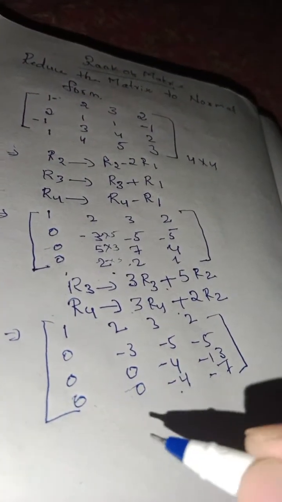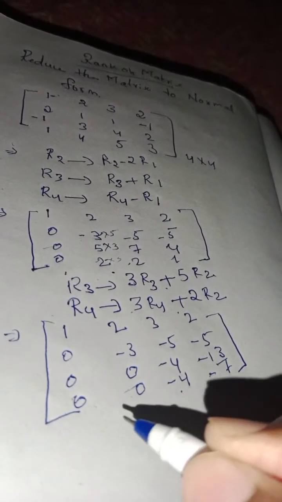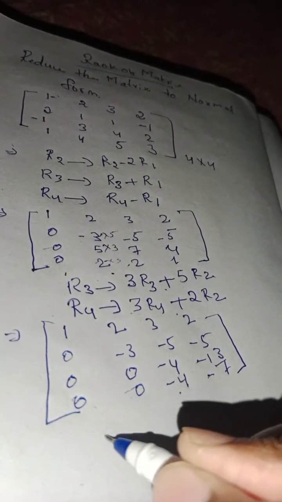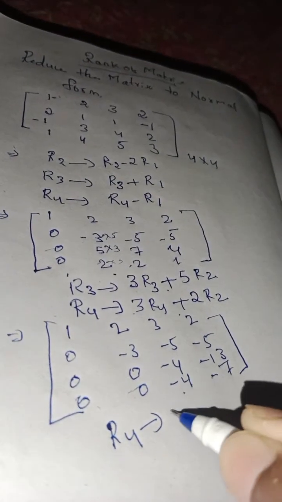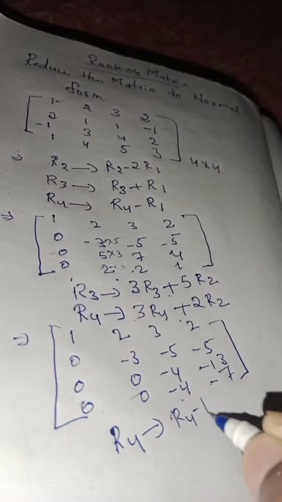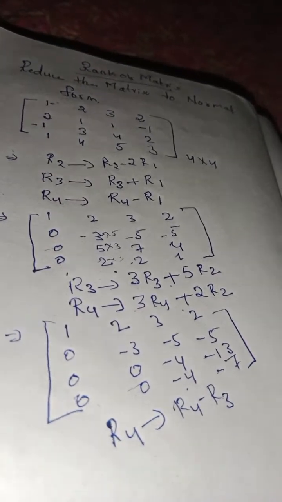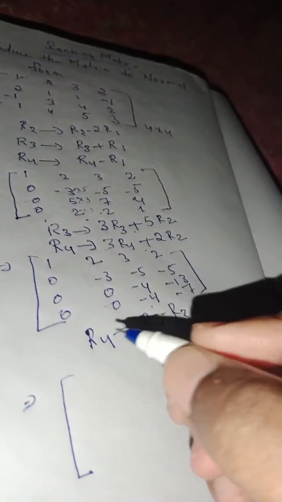What I'm going to do now? I'm going to perform row operations for row 4 using R3. That is row 4 is easy, right? Row 4 minus row 3. So the matrix will be, we have to write first second row as it is.